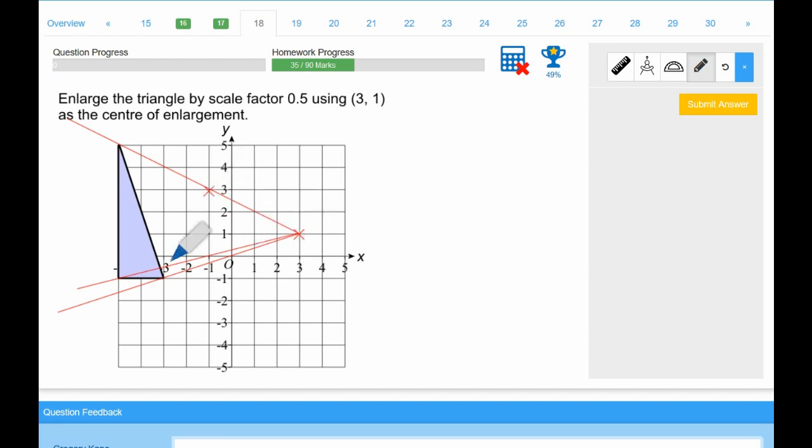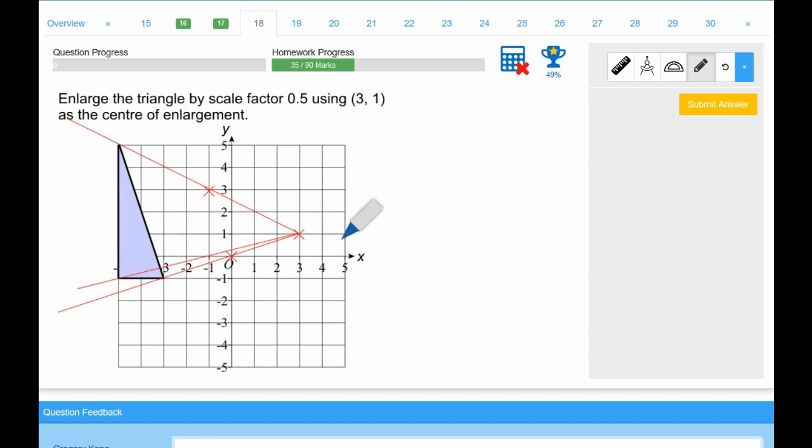If I take this one, going to this point here, that's 1, 2, 3, 4, 5, 6 to the left and 2 down. 6 to the left and 2 down. Half of that is 3 to the left and 1 down. 1, 2, 3 to the left and 1 down. Takes me to there.